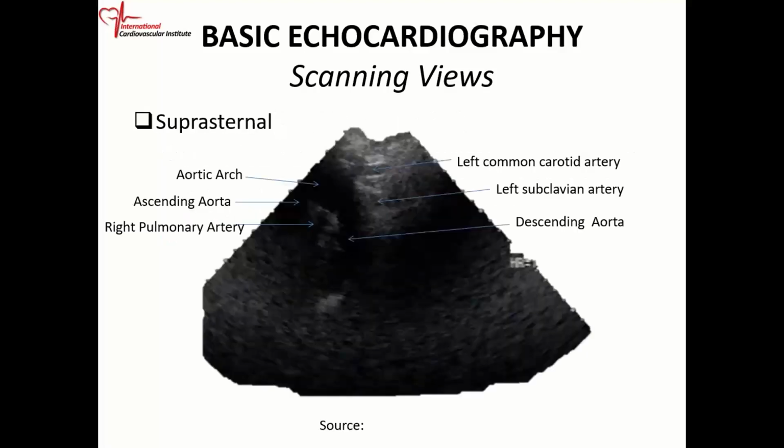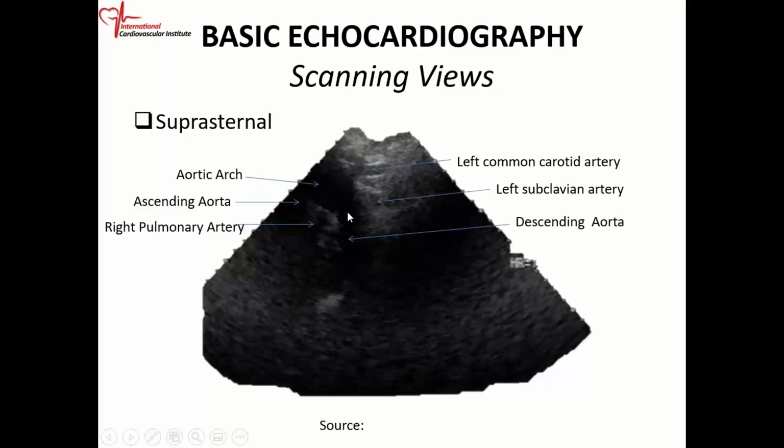All right, so the ascending aorta is right there. This is the arch. So the aorta ascends, then it bends. This is the arch. And then this is the descending aorta. The aorta descends. This is your right pulmonary artery right there.